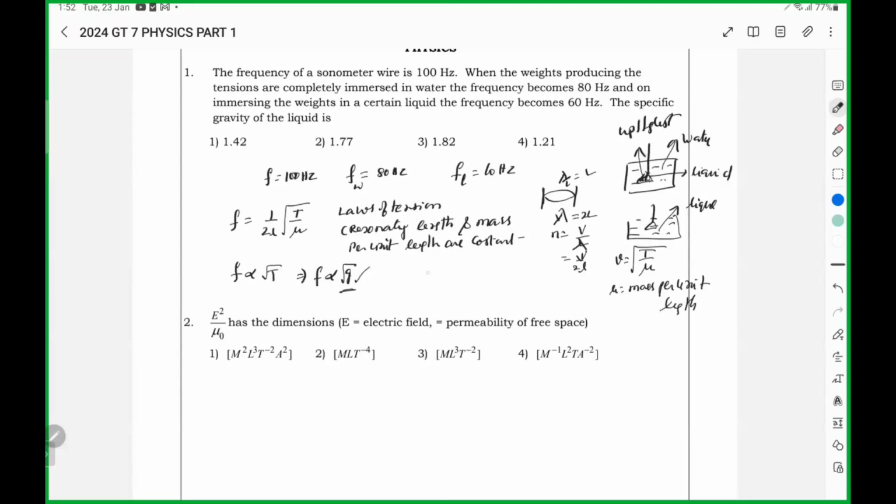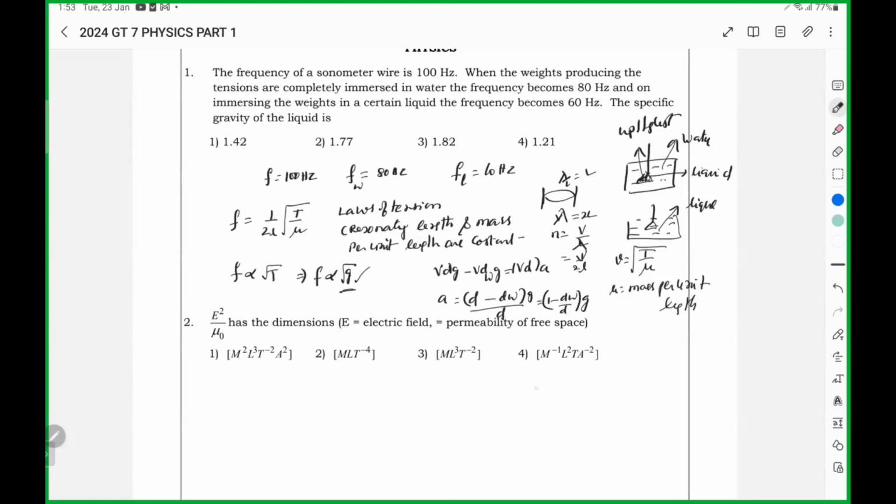So the net weight will be V d g minus V d_w g. Here d stands for the density of the substance in air, and d_w is the density of water, so it is mass into g, the original mass in air, into 1 minus d_w by d, of g.